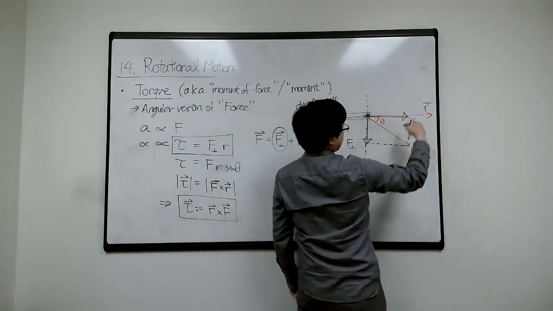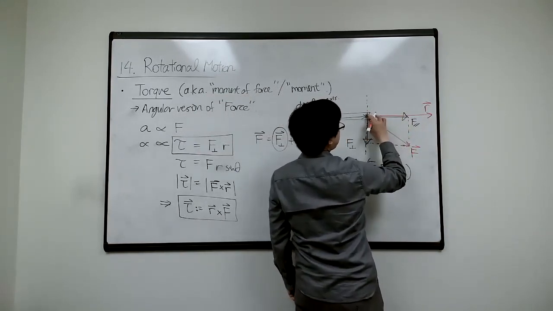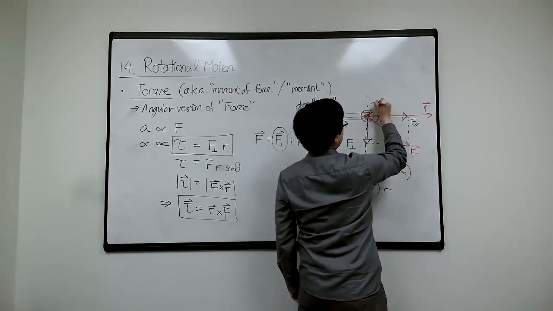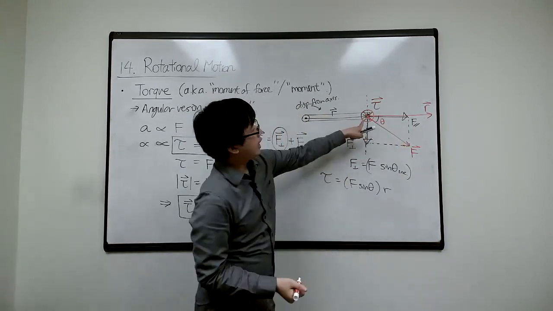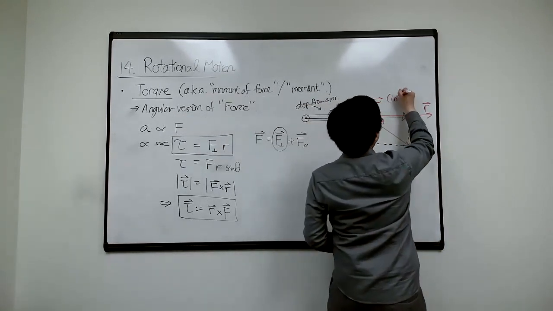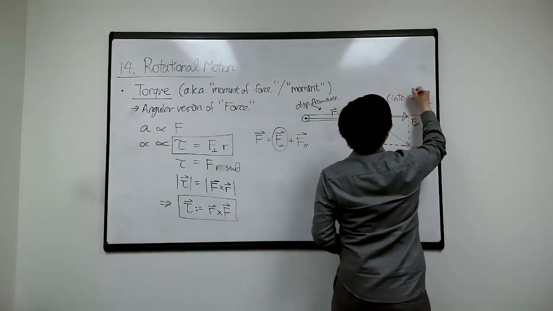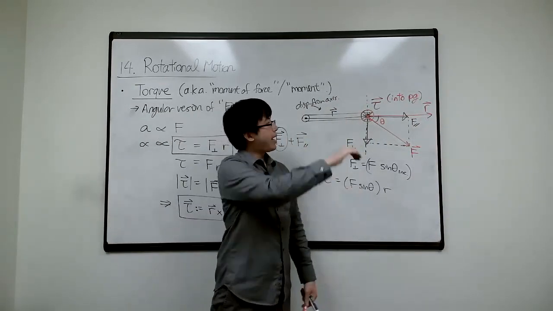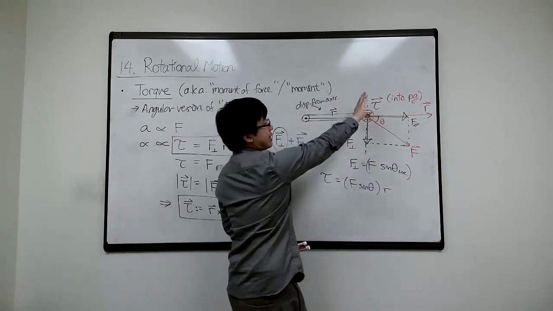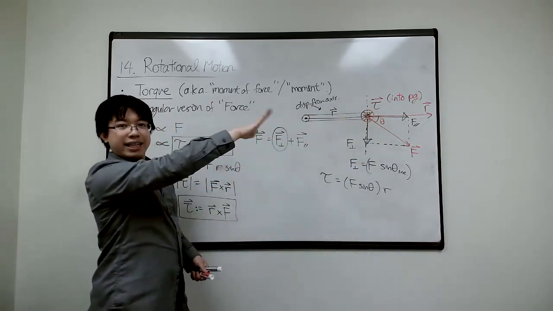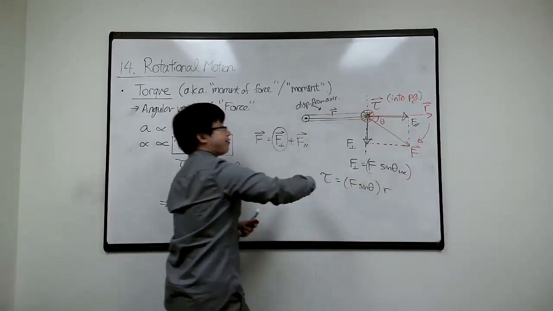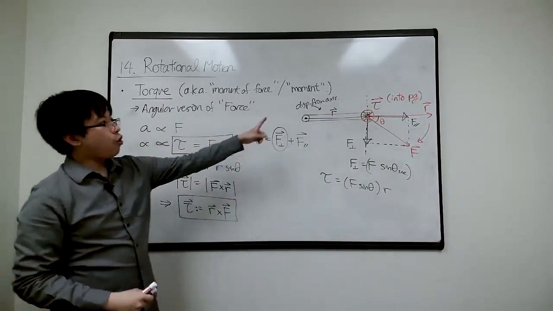This cross this will create a torque pointing, so the torque vector is going to point into the board, into the page. Okay. So torque is into the page, and that means it's a rotation in this direction, in the R cross F direction, right? The door will open this way.